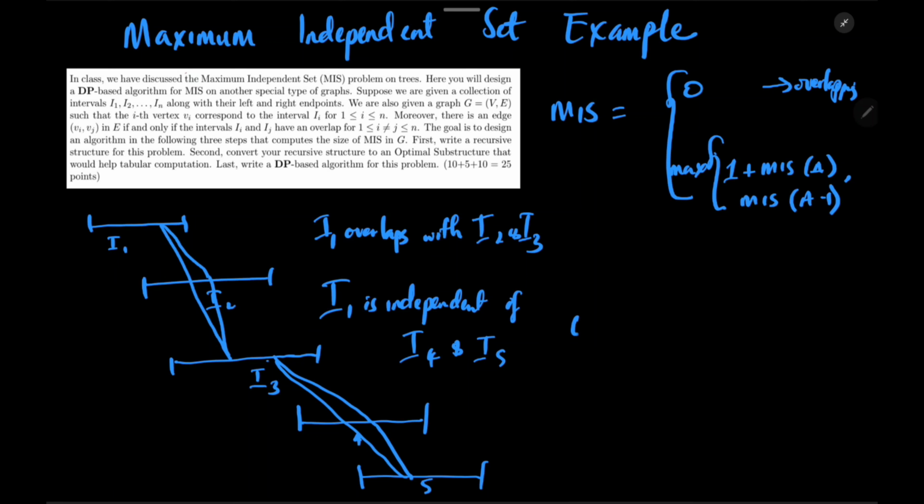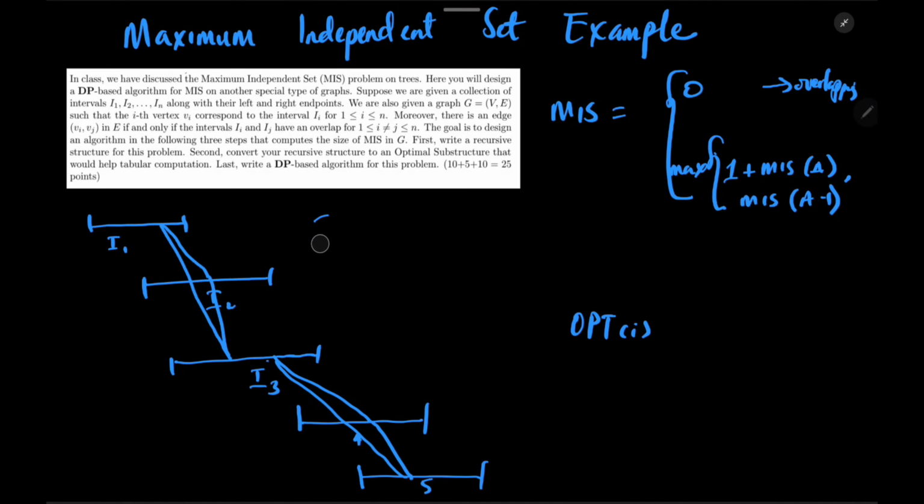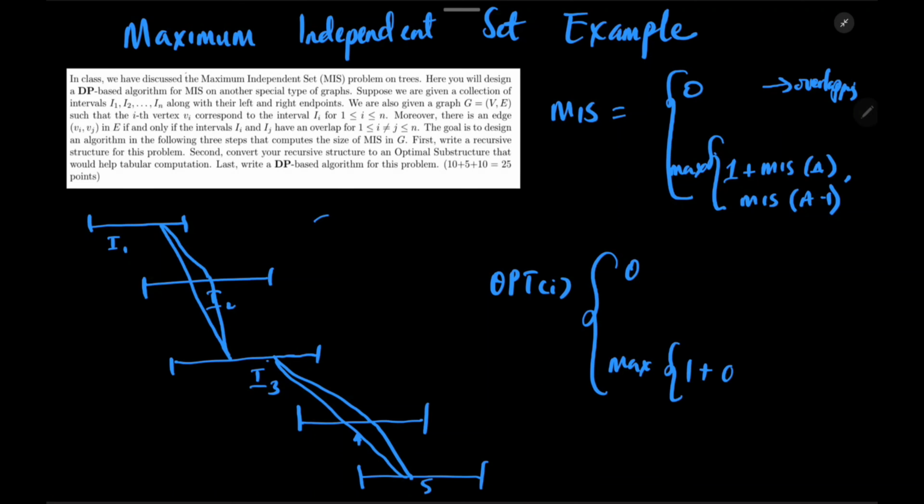So to write that down, let's say OPT(I) means optimal substructure of I. So in this case we have the maximum of 1 plus OPT, comma OPT.